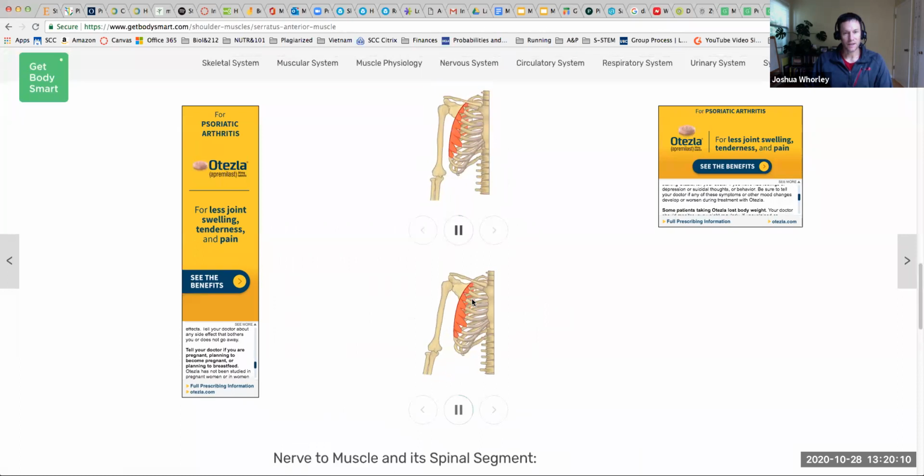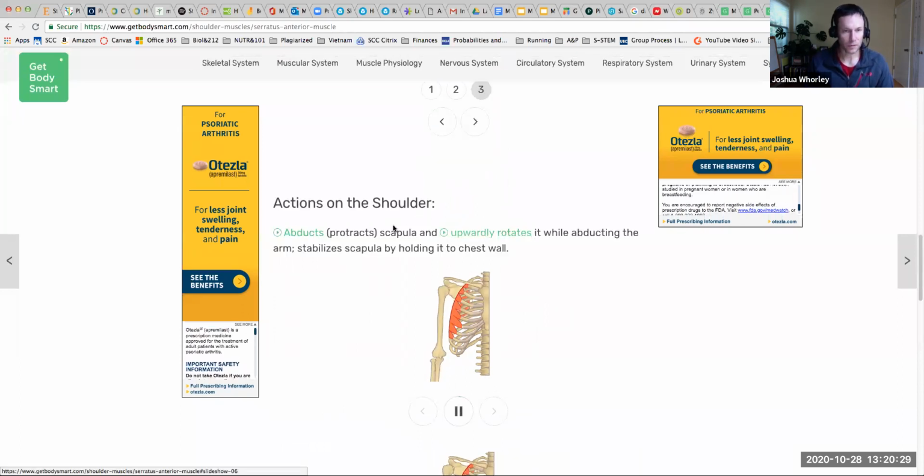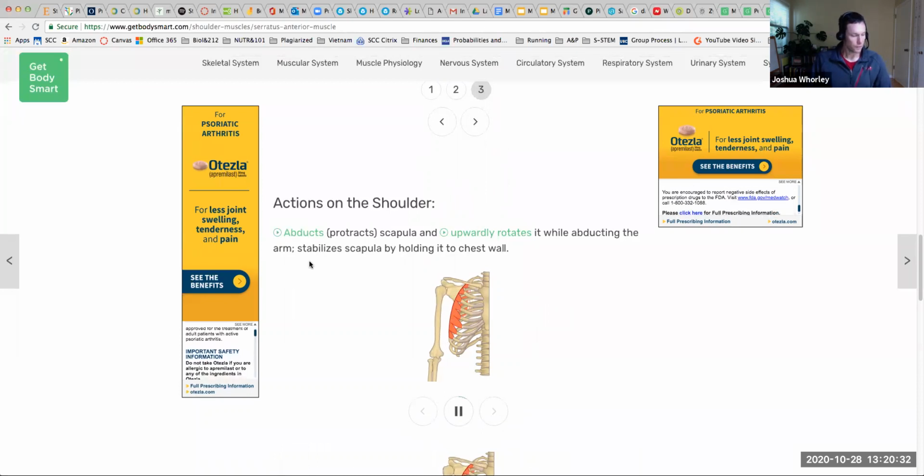Now having kind of the same action as we saw with the rhomboids, or contributing to that same action, but via a different mechanism. This is because these fibers are now pulling on this anterior medial border and pulling it forward. Okay. So a bit of upward rotation, a bit of abduction for the serratus anterior.